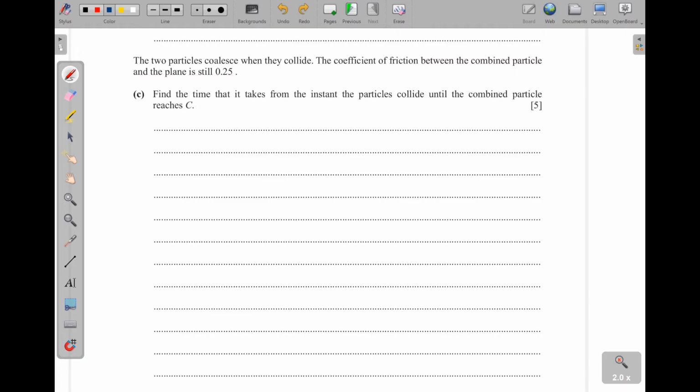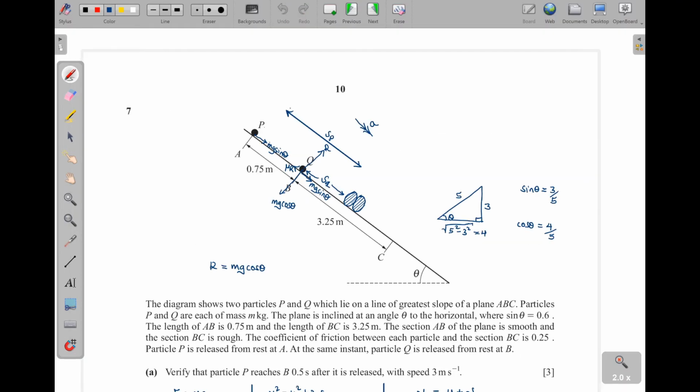Because remember, when it reached point B here, it was moving with a speed of 3. By the time they collided here, because there is coefficient of friction here, and this is also a slanting plane, the speed is changing.